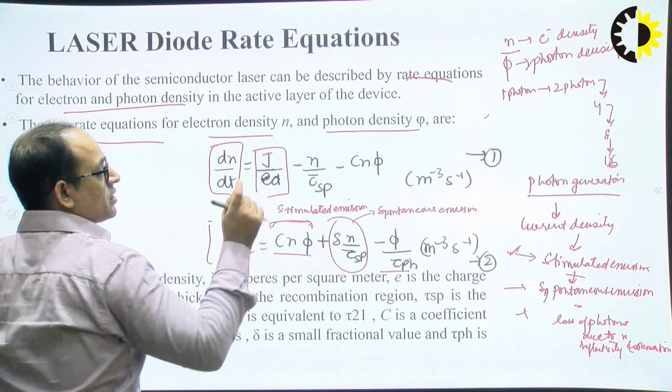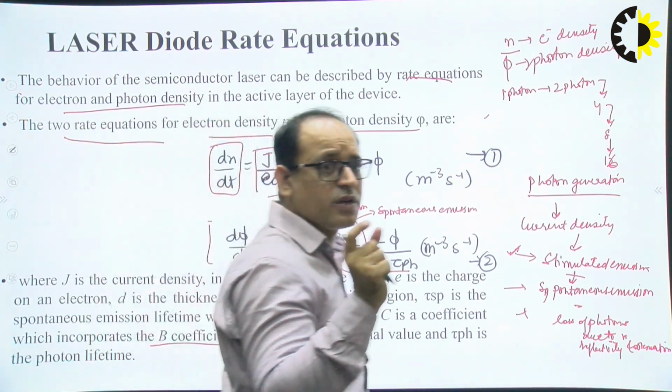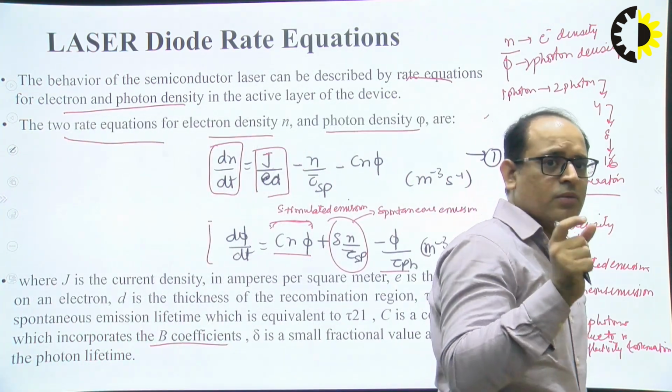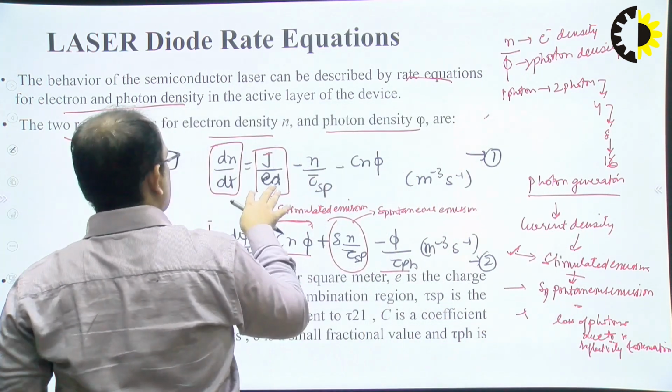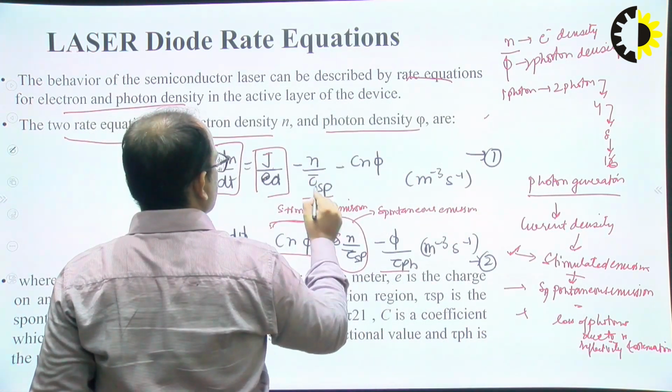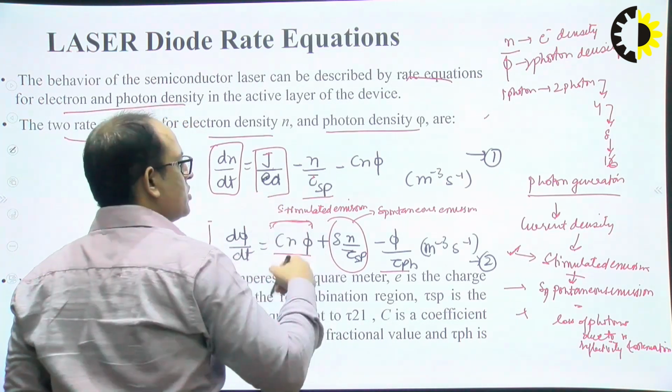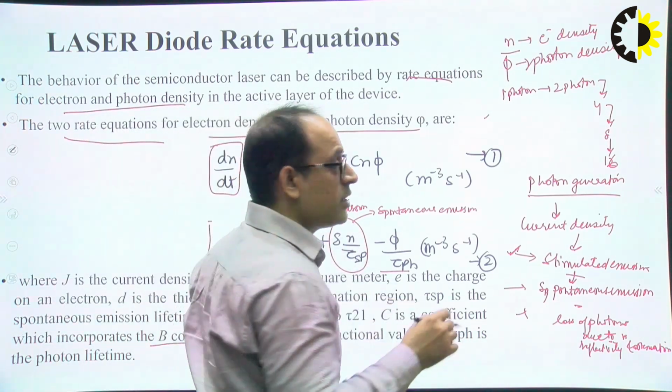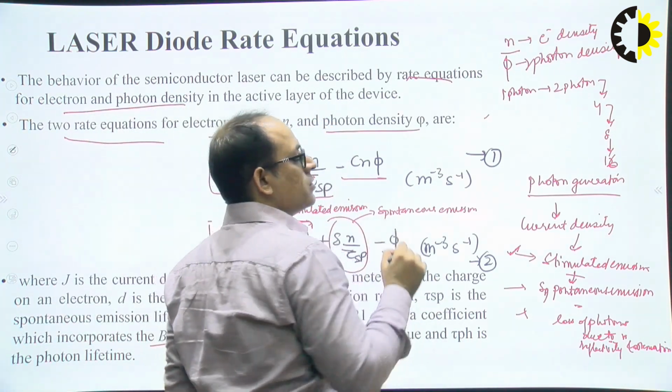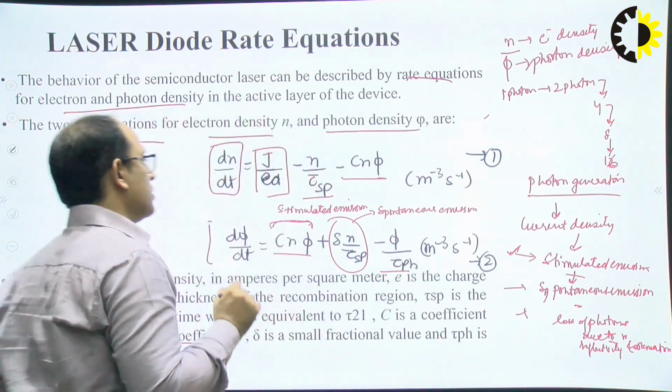This d represents the thickness of the depletion area where the actual recombination takes place. Clear? J by ed minus electron density reduces due to spontaneous emission, and minus electron density reduces due to stimulated emission. Clear?